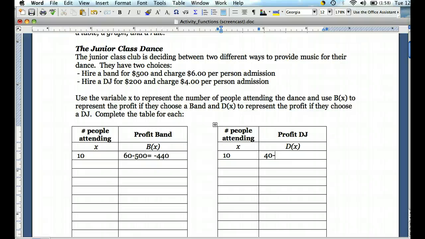But instead of having to take out $500 for the band, we only have to take out $200 for the DJ. So like I said, we're still in the hole, but not quite as much. So in this case, it's going to be $160.